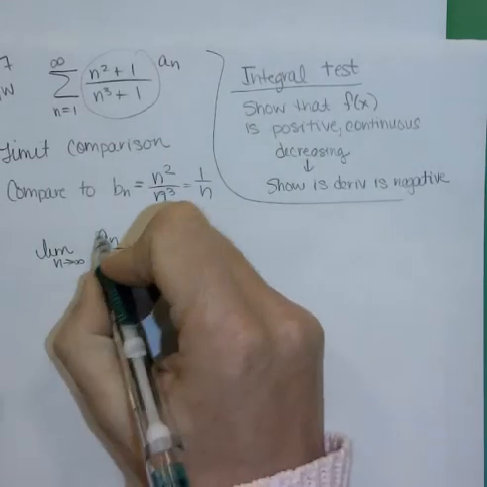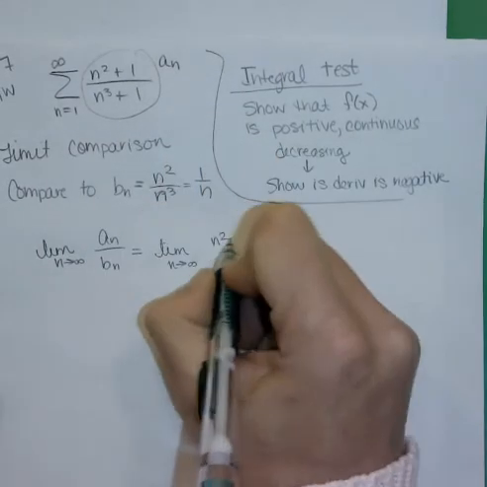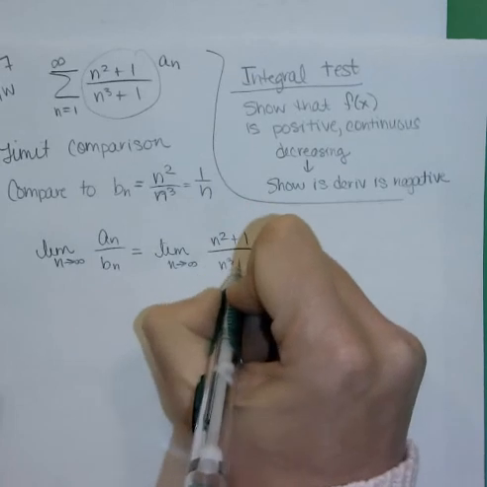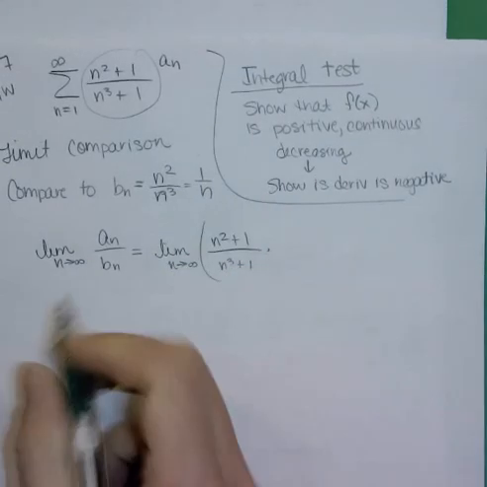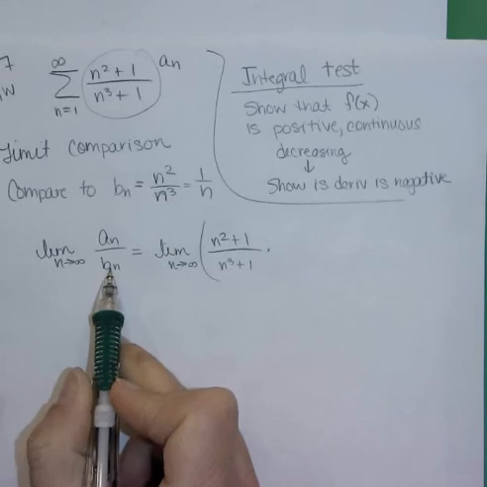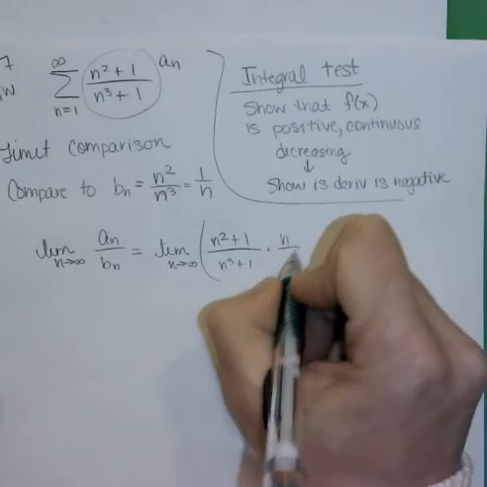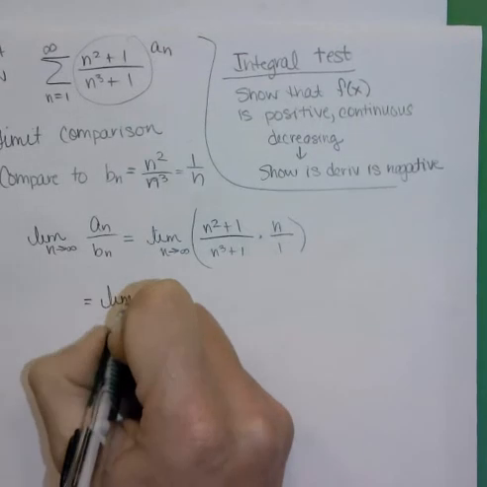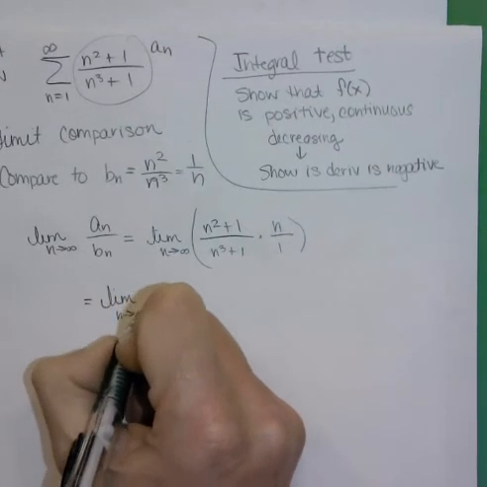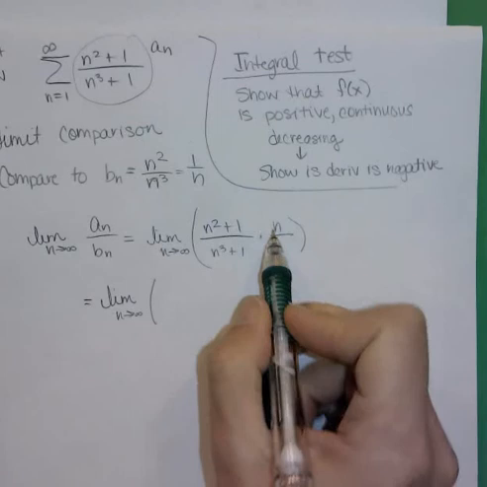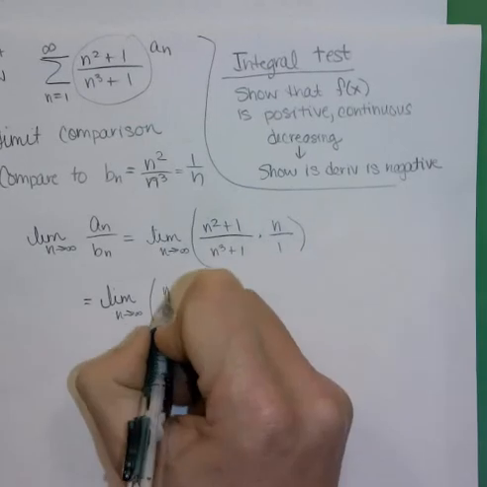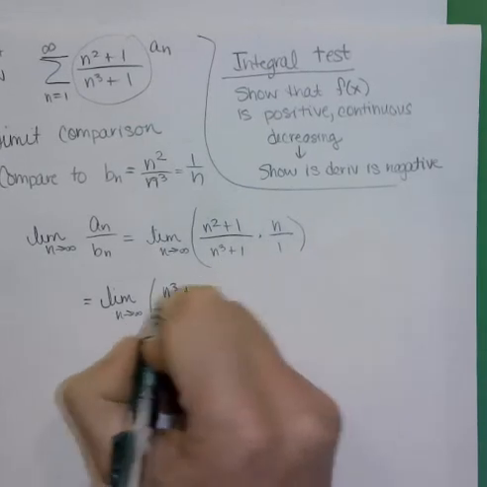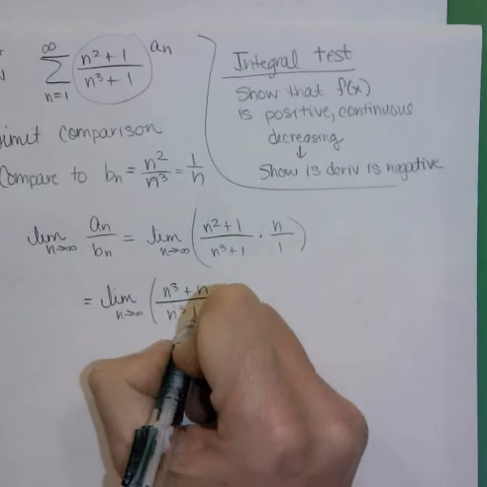So a sub n is n squared plus 1 over n cubed plus 1. Dividing by b sub n is the same as multiplying by its reciprocal, so times n over 1. So if I multiply out, I get n cubed plus n over n cubed plus 1.